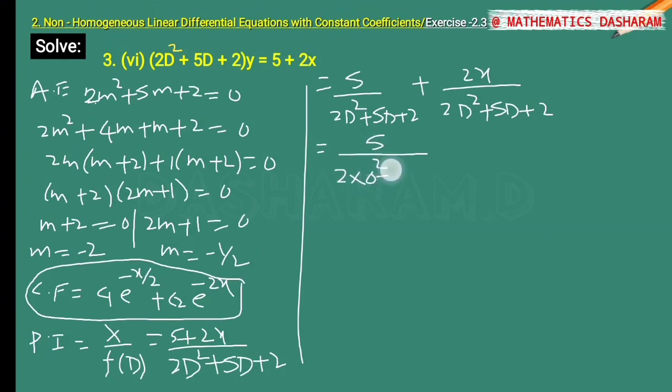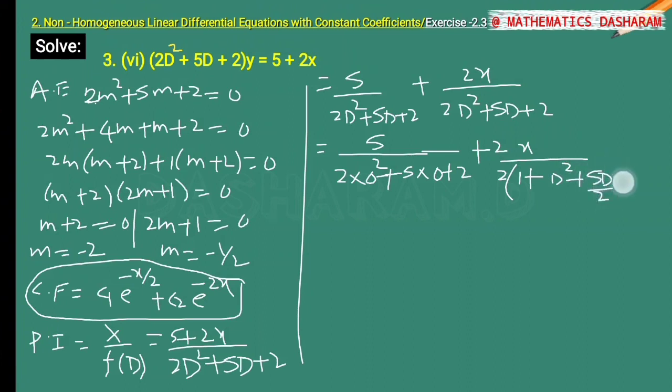2 into 0 square plus 5 into 0 plus 2, plus 2x divided by, let's take the 2 common. So then 1 plus (D square plus 5D) by 2. 5 by 2 plus, here 2 cancels, and (1 plus (D square plus 5D) by 2) whole inverse into x.